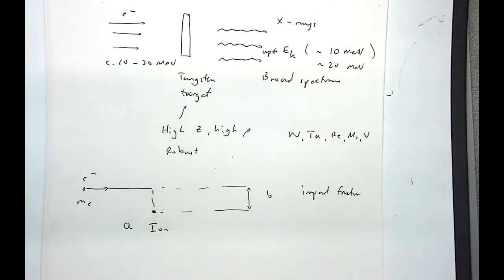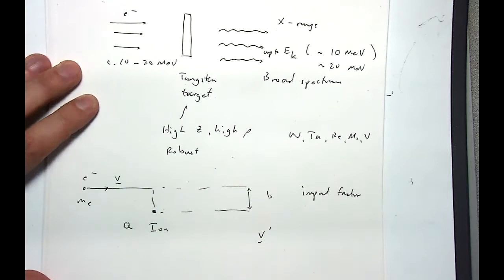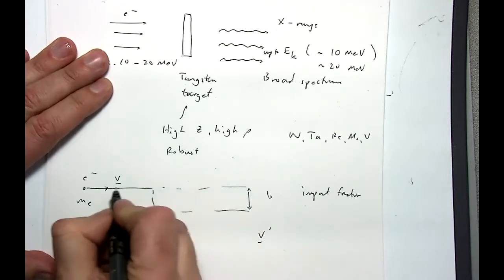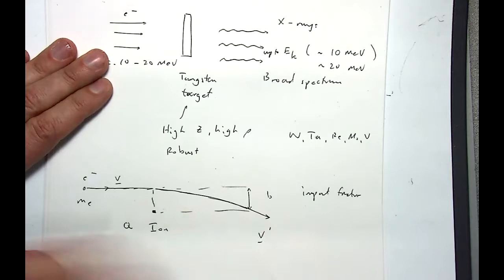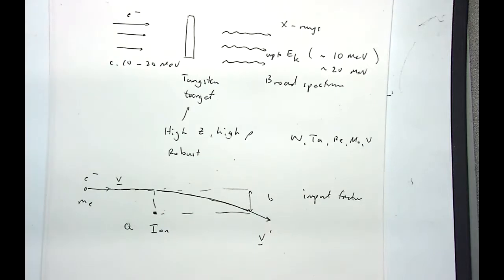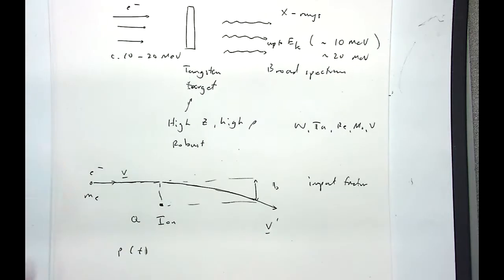And because of the electrostatic force that's applied to that electron, its initial velocity is changed to some final velocity v prime due to that Coulomb force. So really I should draw it like this. It comes out at v prime. So obviously the power emitted, the electron doesn't care what the acceleration or the force is that's acting upon it.